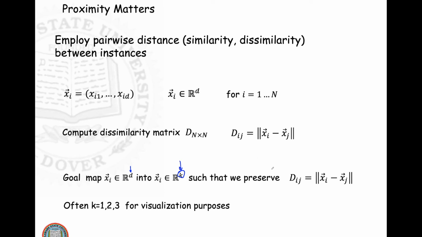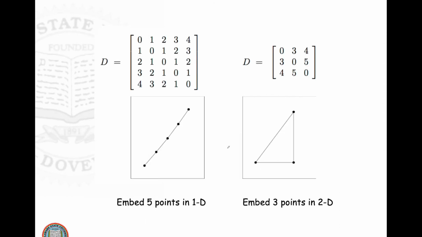So we're trying to preserve this similarity matrix. And often when we do this, we use a relatively small k, 1, 2, or 3 dimensions, because we aspire to do this for visualization purposes, and you can only visualize something well in 1, 2, or 3 dimensions.